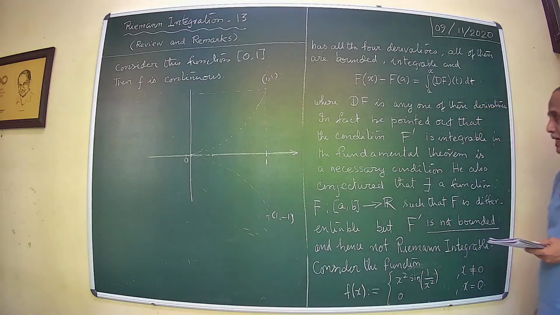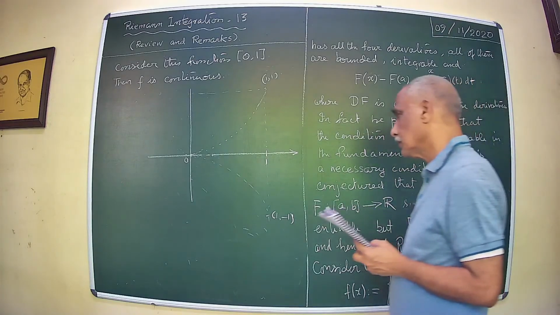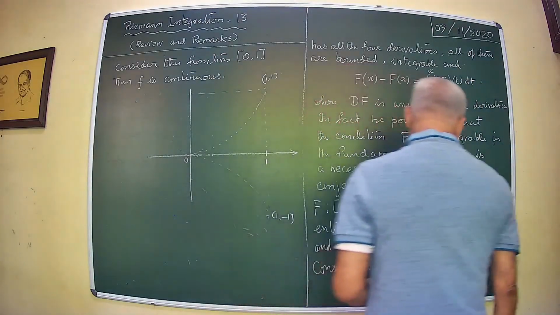Here you see, what are the zeros of this function? First, x equal to 0 is a zero.